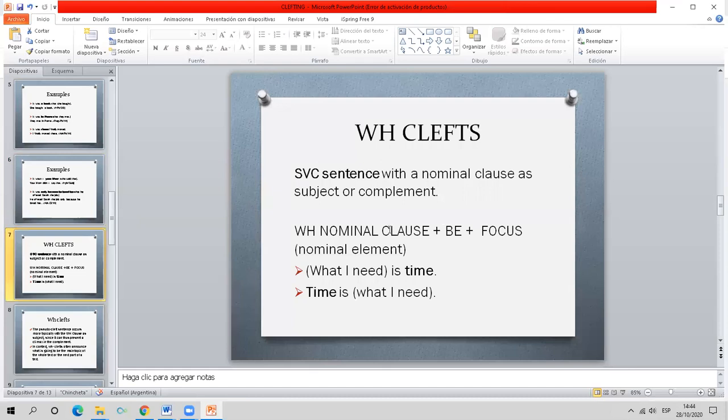Here you have then the nominal clause, a form of the verb to be, and the focus. Here we have an example. What I need is time. Of course, as I said before, this is reversible, so it could be time is what I need. You see that this is a noun clause.